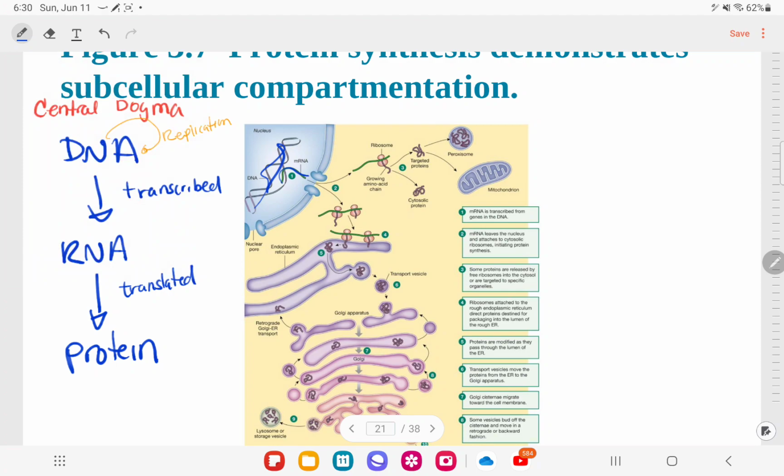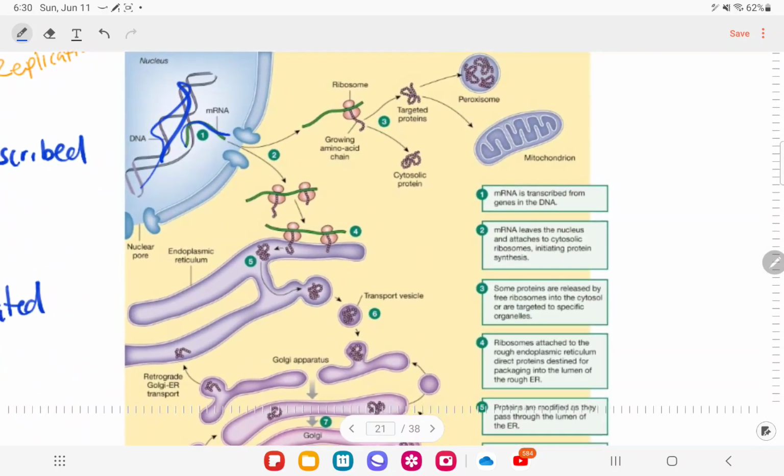Now that we made an RNA strand, that RNA strand will then leave the nucleus via that nuclear pore. And so the RNA leaves the nucleus and attaches to a cytosolic ribosome, as you can see right here.